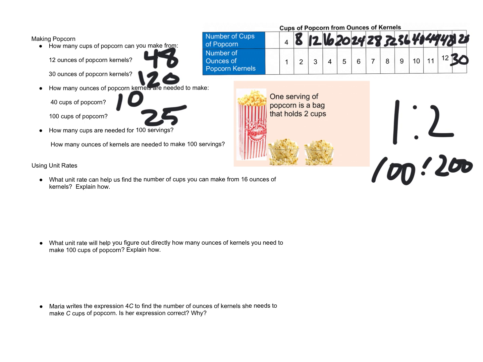All right, and then how many ounces of kernels are needed to make 100 servings? I'm going to go back to this part of the chart here. I know that 100 servings is 200 cups. So 20 cups was 5 ounces. So times 10, that's going to be 50 ounces of kernels.